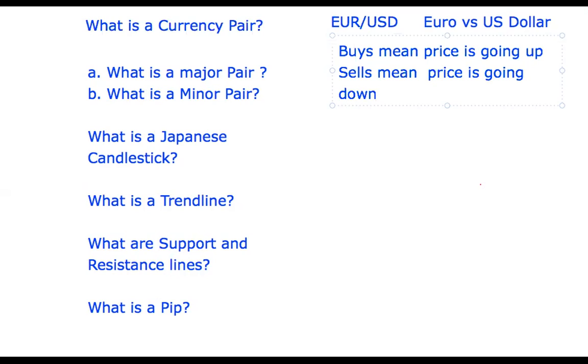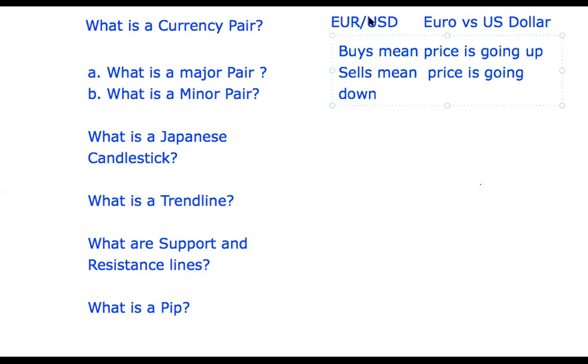So Euro is Euro versus US dollar. If Euro is weak, that means Euro USD is going down. And if USD is strong, that means this pair is going down. That's how they actually read the minor pair.